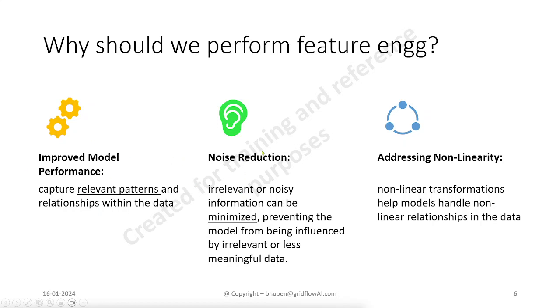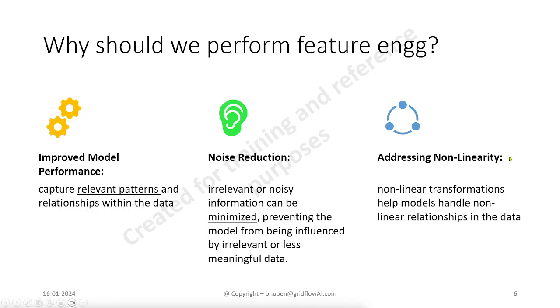Other goals: noise reduction, minimize the noise in the data. And why so? Because noise in your data causes the model to overfit. So in order to contain the overfitting pattern, we need to reduce the noise in the data set. Sometimes our data can be very nonlinear, and we need to convert it into a Gaussian or a linear pattern.